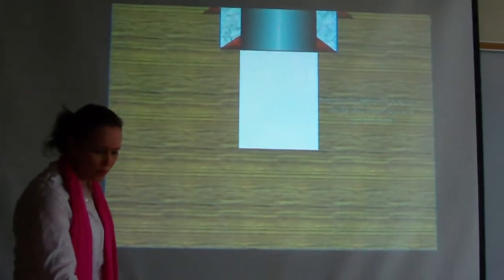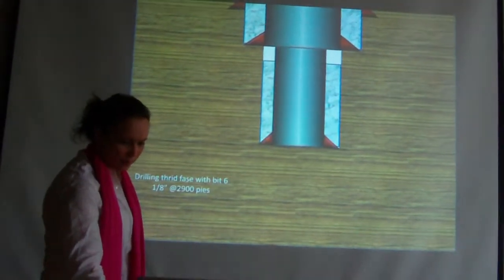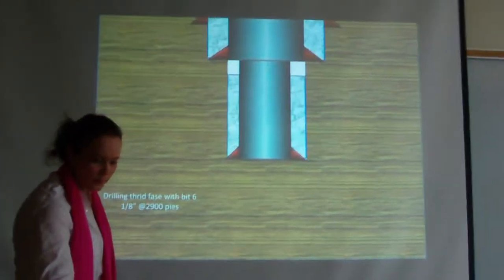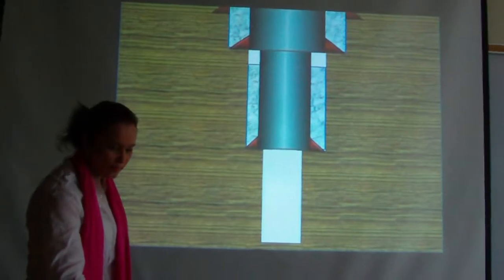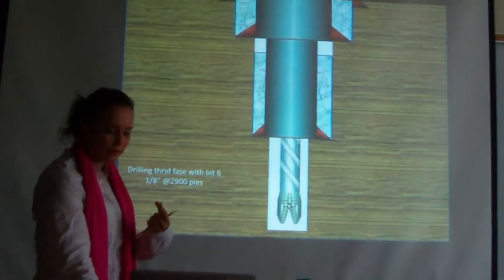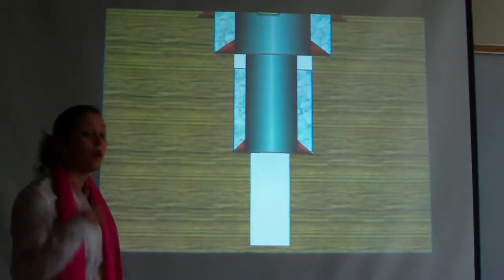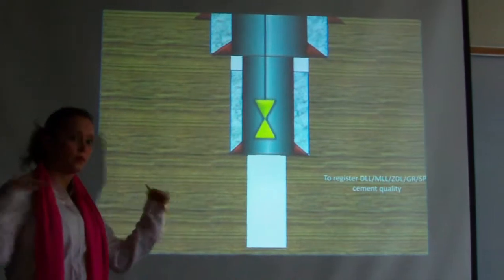After that, we go down with the next casing and put the cement. After that, we drill the other phase and see the temperature and where the oil is, from which to extract.